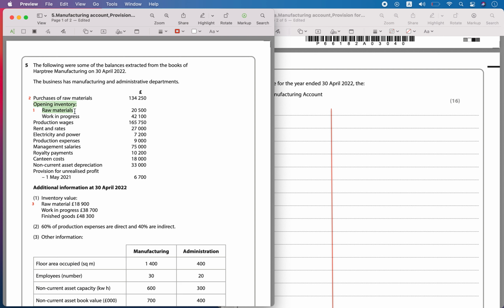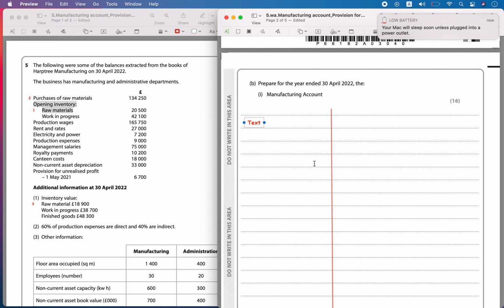Versus manufacture. So the first one is opening inventory raw materials.